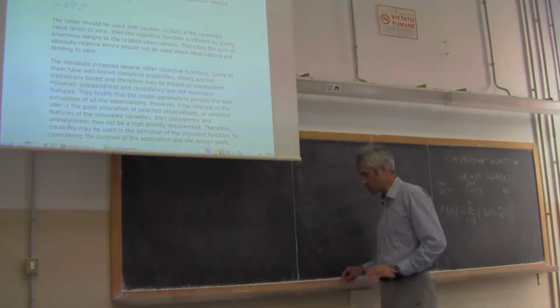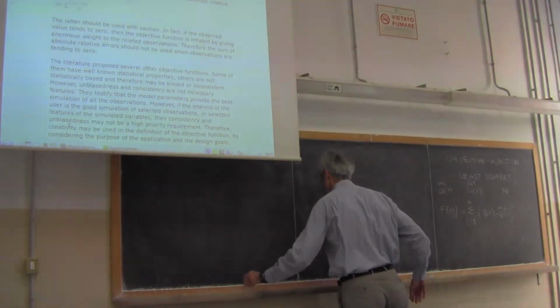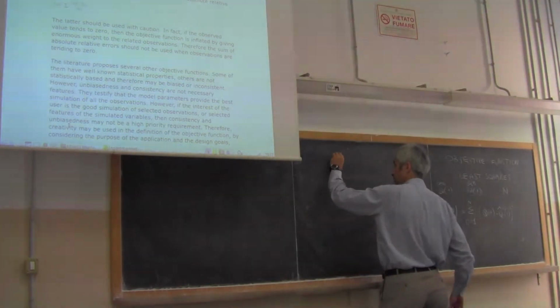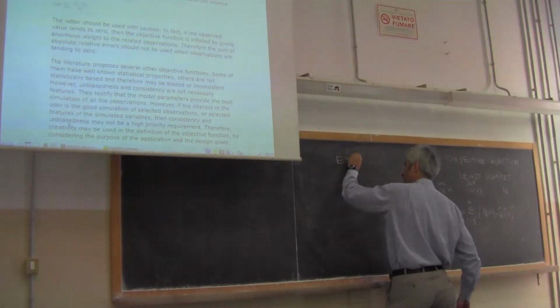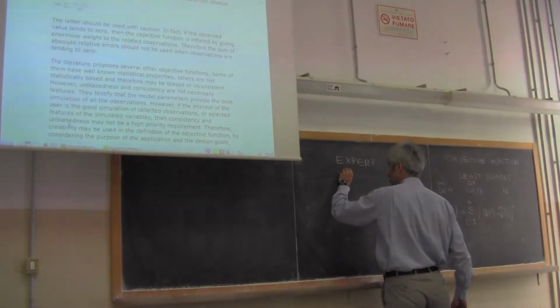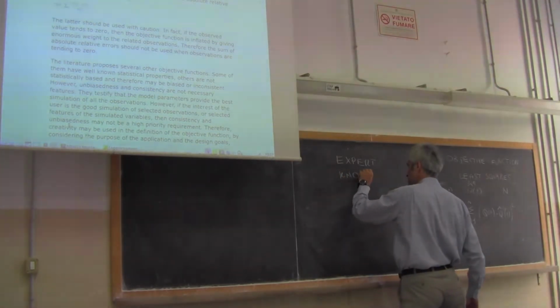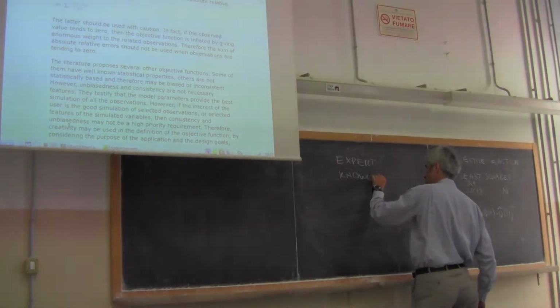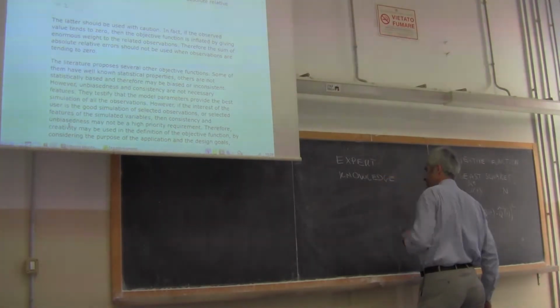There is not much to say about expert knowledge. Basically, you know how a model works, you know how the process works, and you guess the optimal value of parameters.